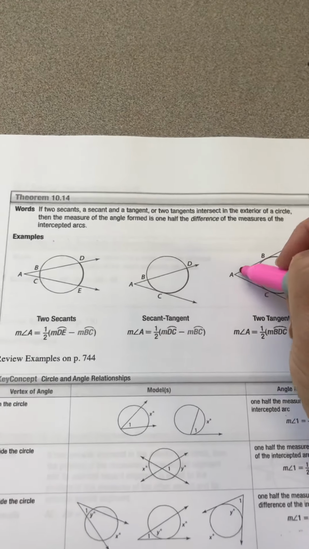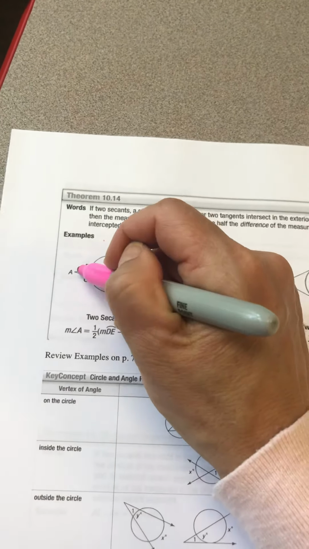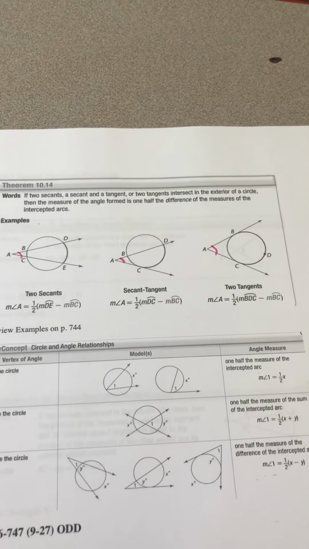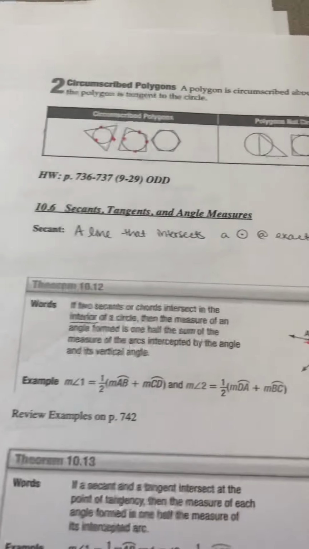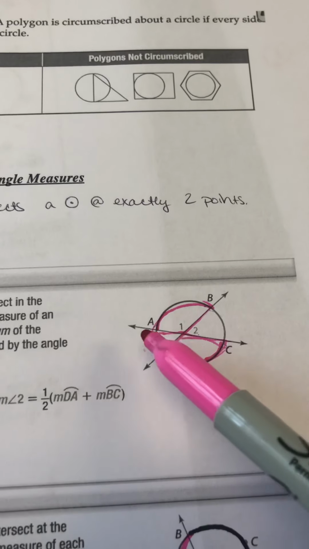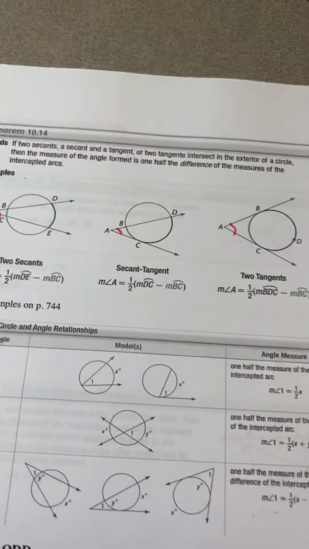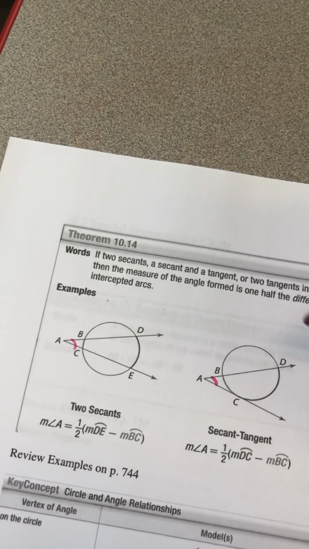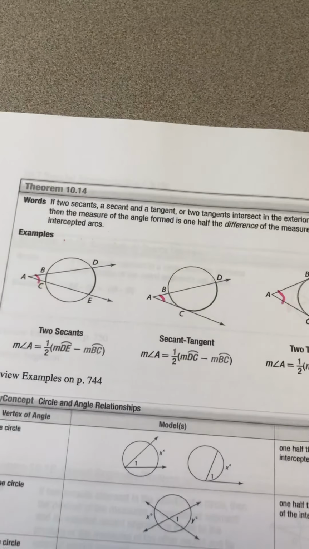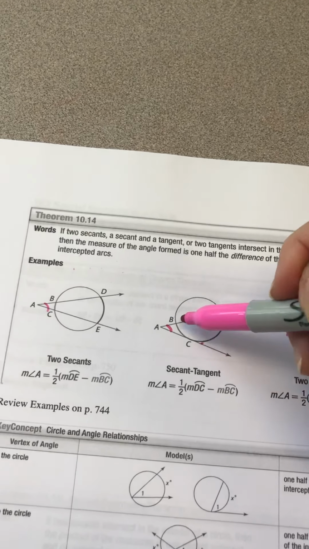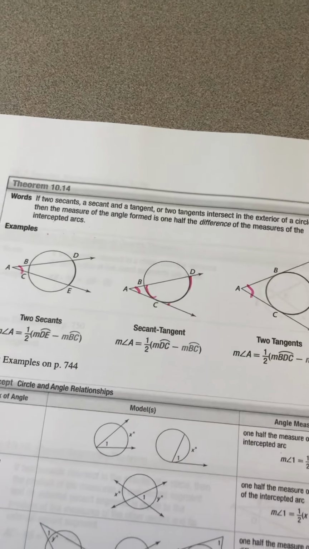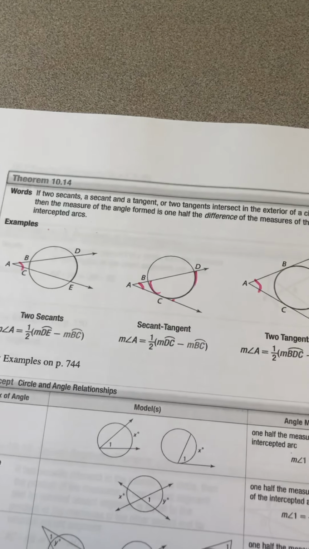To find the measure of those angles, instead of finding the sum, which we did earlier when the point where they met was inside the circle, where we found the sum and then divided by 2, now when they intersect on the outside of the circle, you're going to subtract. You're going to find the difference of these two arc lengths and then take 1/2 of it.